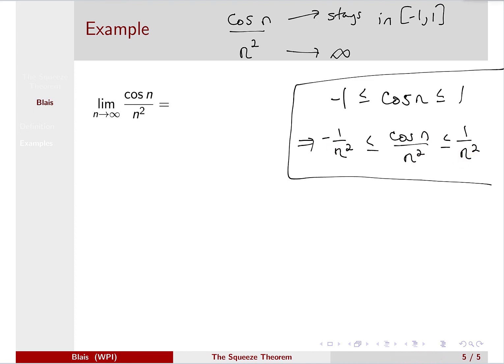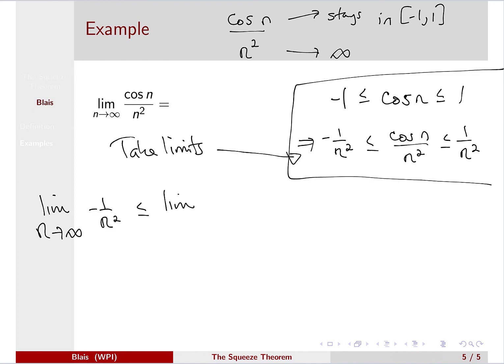So we can now argue that we can take limits of all three of these functions here and retain the inequalities. So the limit as n goes to infinity of negative 1 over n squared is less than or equal to the limit as n goes to infinity of cosine of n over n squared, less than or equal to the limit as n goes to infinity of 1 over n squared.